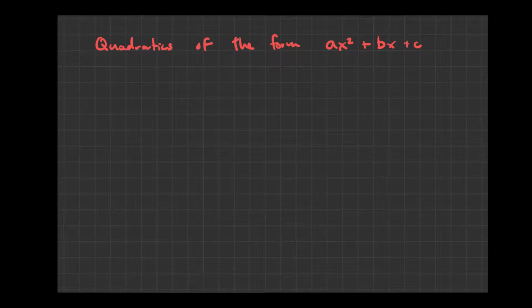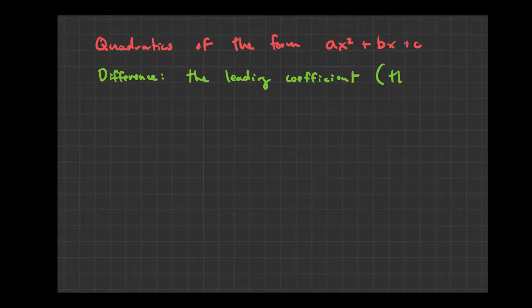The difference here is that the leading coefficient, that is the number we multiply x squared by, that first number that we see, is not 1.